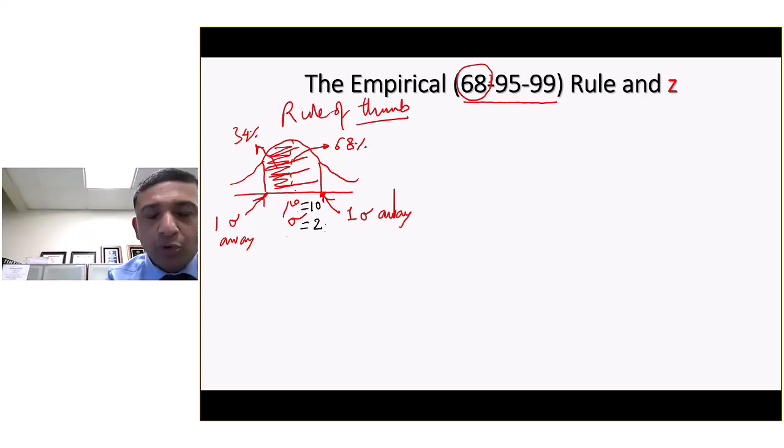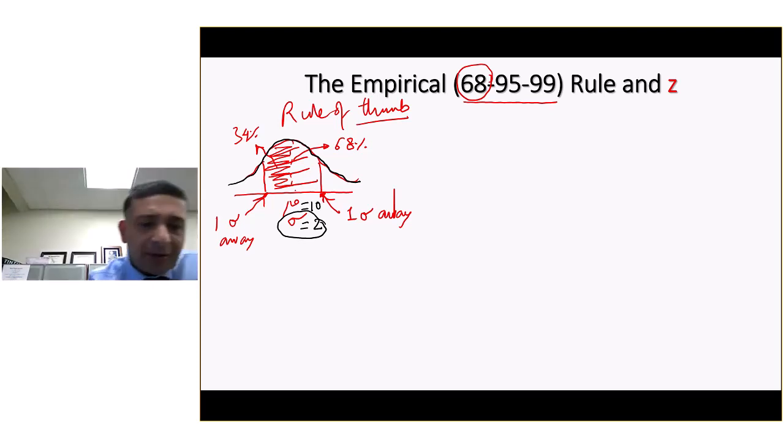Because of this sigma value, this particular distribution is shaped this way. You might ask, Dr. B, what happens to this shape if this sigma becomes 4? The shape becomes much flatter. What happens if this sigma becomes 1? The shape becomes much closer to the mean. That's the whole idea of sigma that we discussed in the last video.